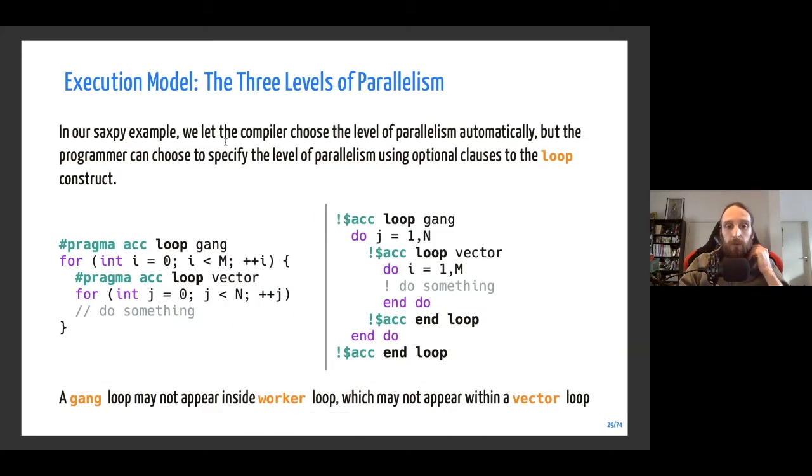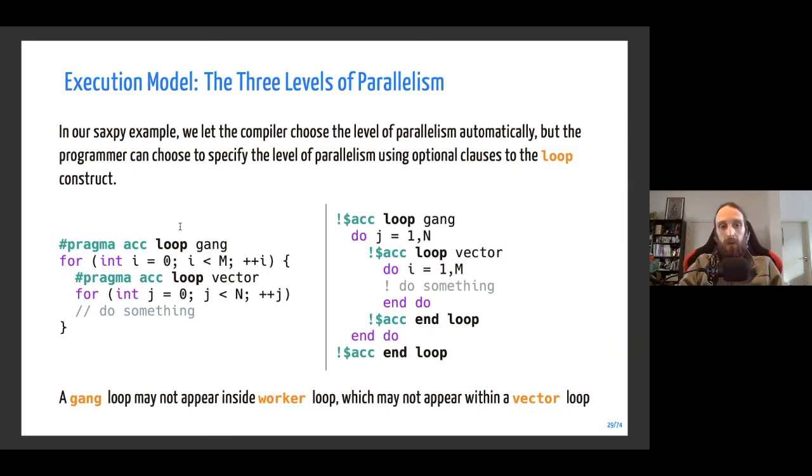And using gang, worker and vector, you can apply the gang, vector or worker clause to a loop to specify how to map the parallelism of different loops. In the previous example with OpenMP, we distributed the iterations of the I loop between the teams.